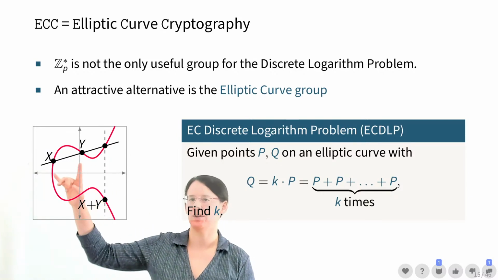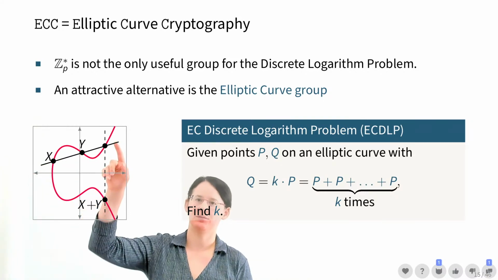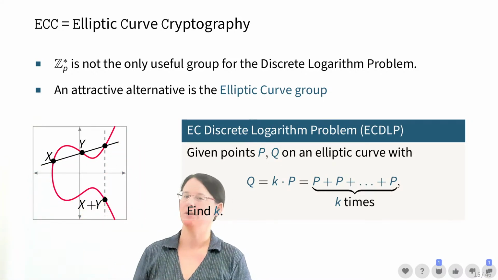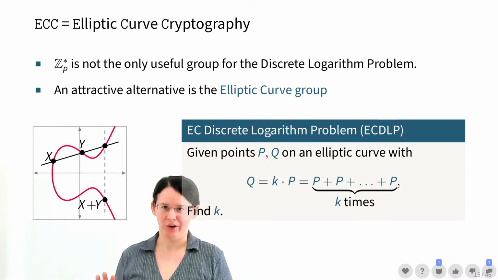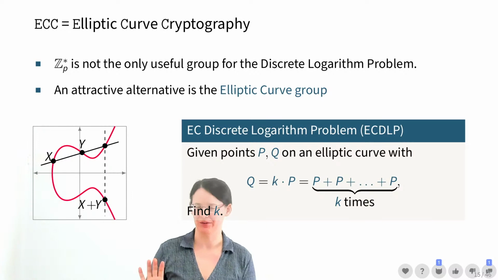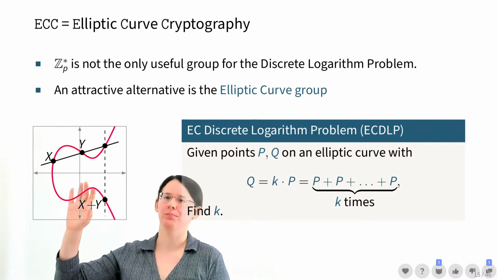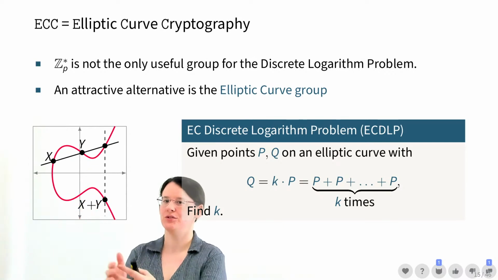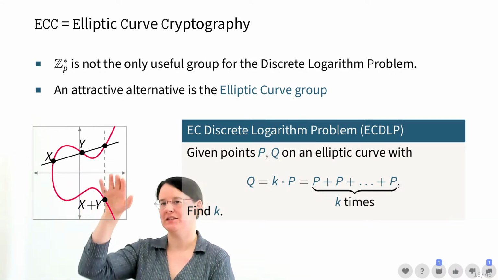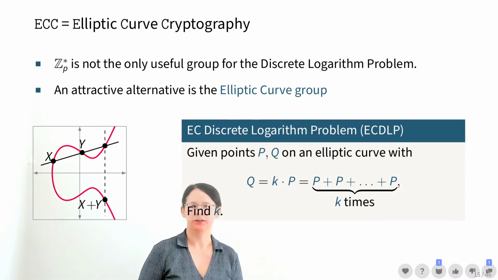So what you actually do to add 2 points is you draw a line through both of them, intersect it with the curve at one more point, and mirror it. Let's not worry about why that always works, why there is always such a third point. We don't care here, but this is just to illustrate that you do a sort of geometric computation with your point. Of course, you encode it in formulas, but that's sort of the intuition behind the formulas. And that's the operation that you do.